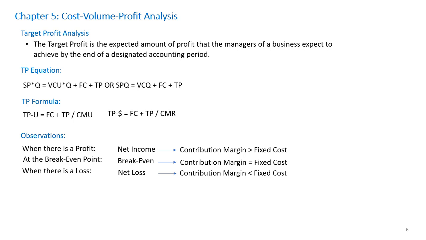Remember, when there is a profit, the contribution margin is greater than the fixed cost. At the break-even point, the contribution margin equals the fixed cost. If there is a loss, the contribution margin is less than the fixed cost.